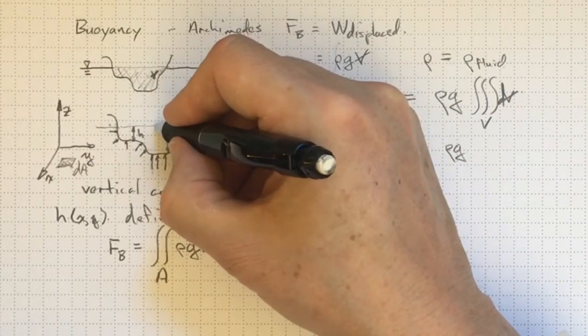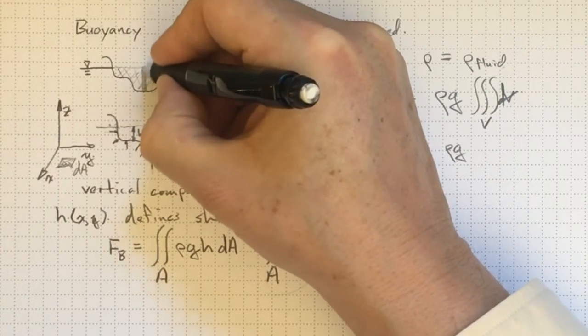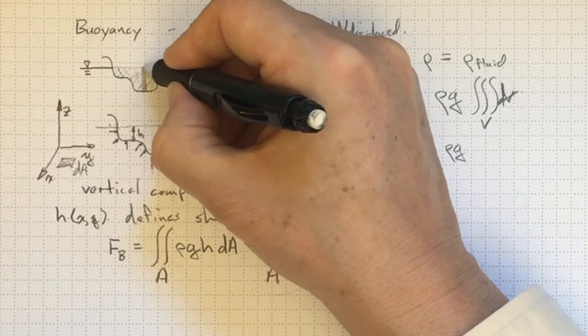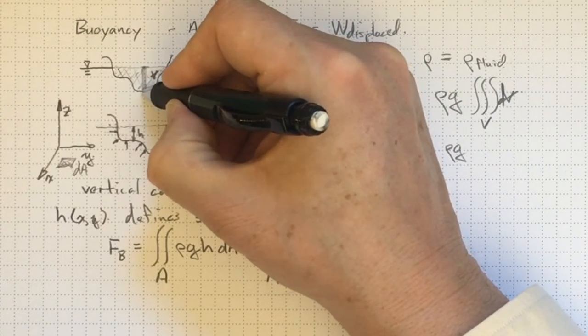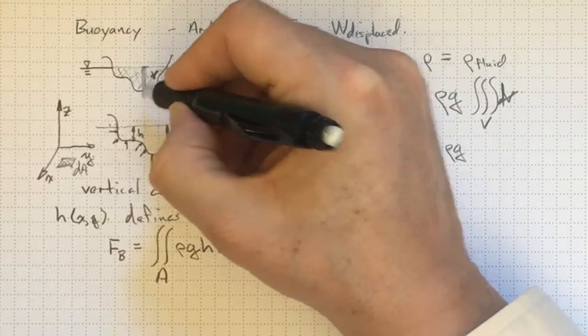Well, if we looked at a region in here, then the elemental volume that we're looking at will be h high and dA, planform area, in projected area in the planform.